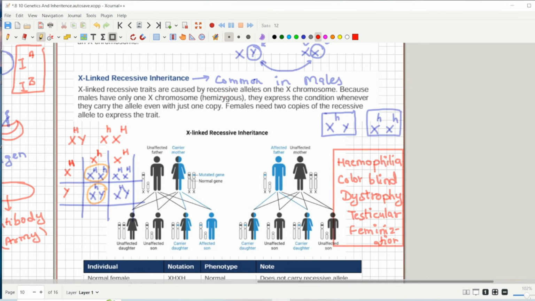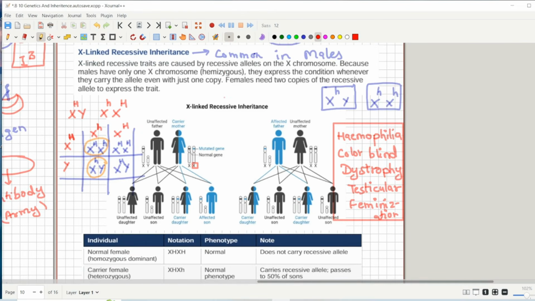So there are examples right in front of you for X-linked recessive traits. As you can see here, this is an unaffected father. He has a normal X chromosome and Y chromosome, while the female has one mutated X chromosome, and the other X is normal. So when the pedigree analysis was made, you can see here, just like in our chart, there was one affected son, right?